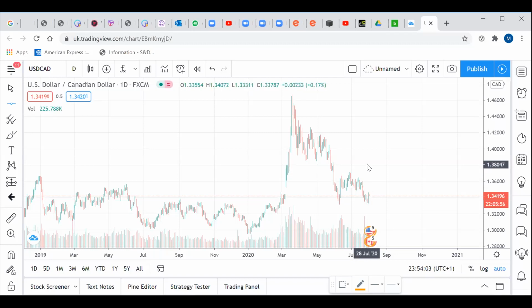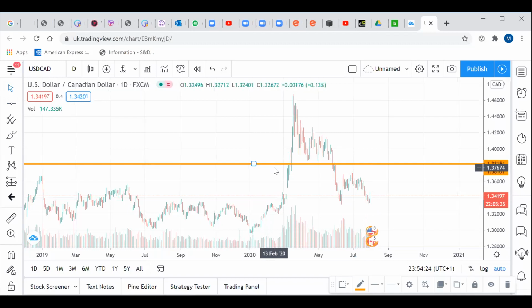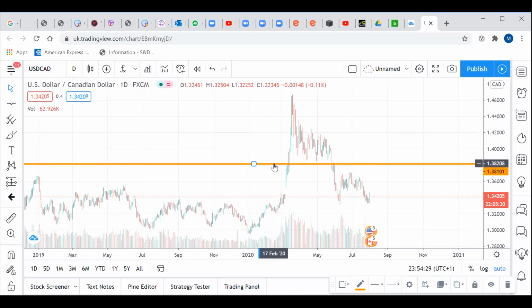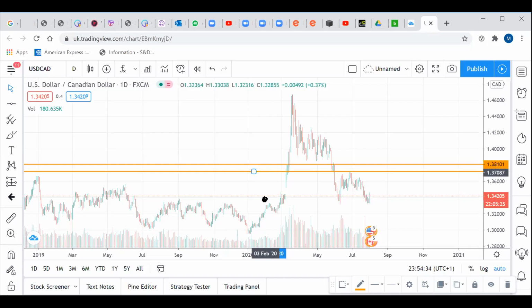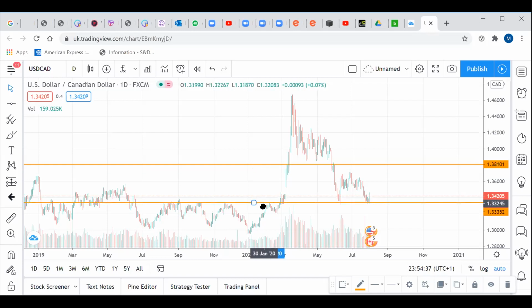Okay, so the first line is there, and then the next one is... I was going to say go down a bit. Okay, so that should be a support.